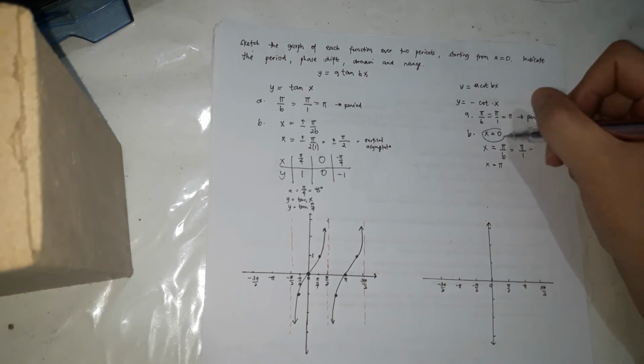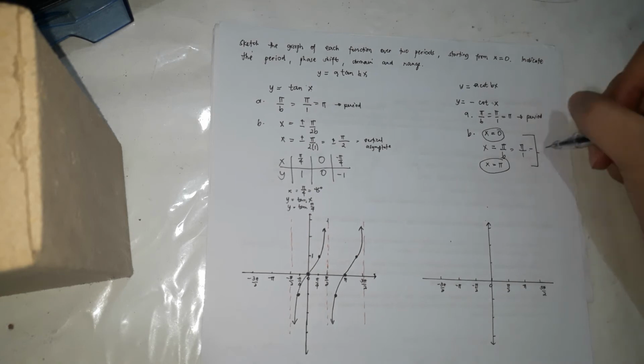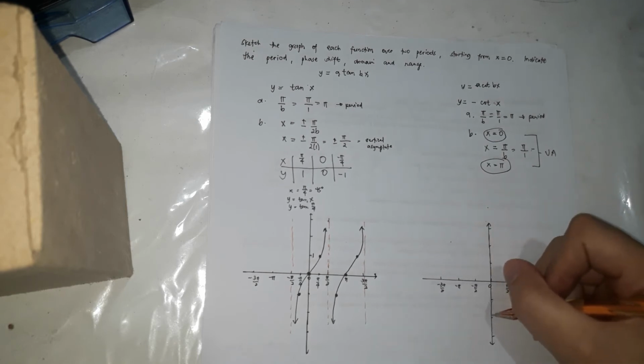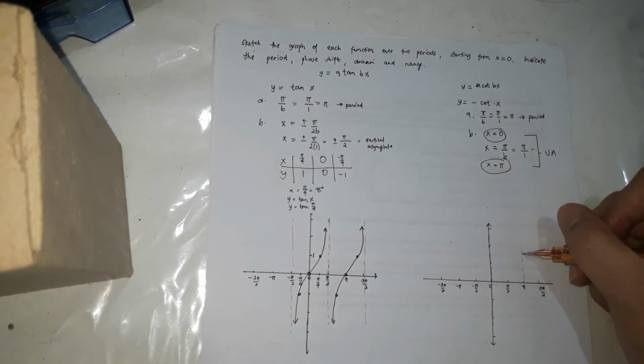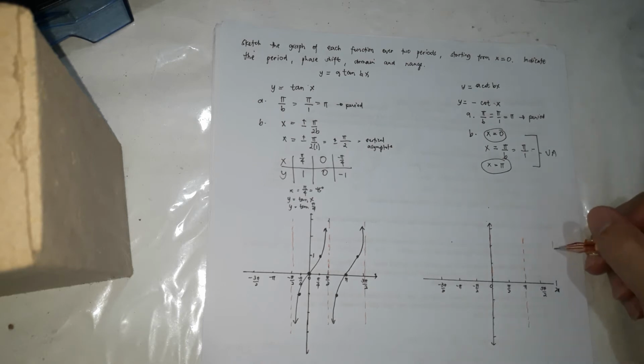So x equals 0 and x equals pi are the vertical asymptotes, since the period is pi. For the second cycle we need 2 pi.